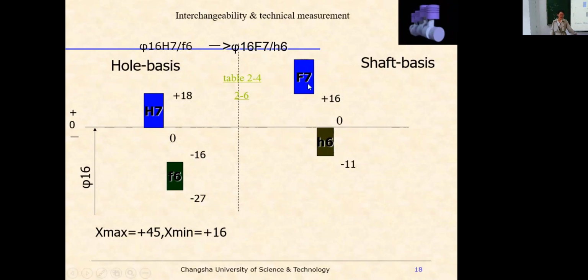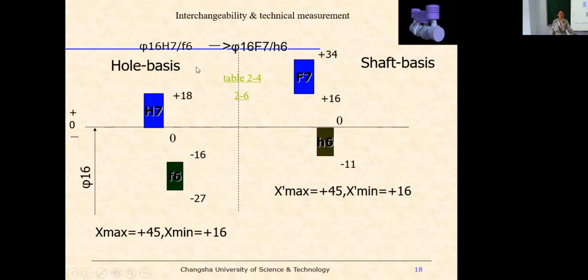The IT7 is 18, so you can get the deviation 34, and you can calculate the maximum and minimum interference. They are the same.